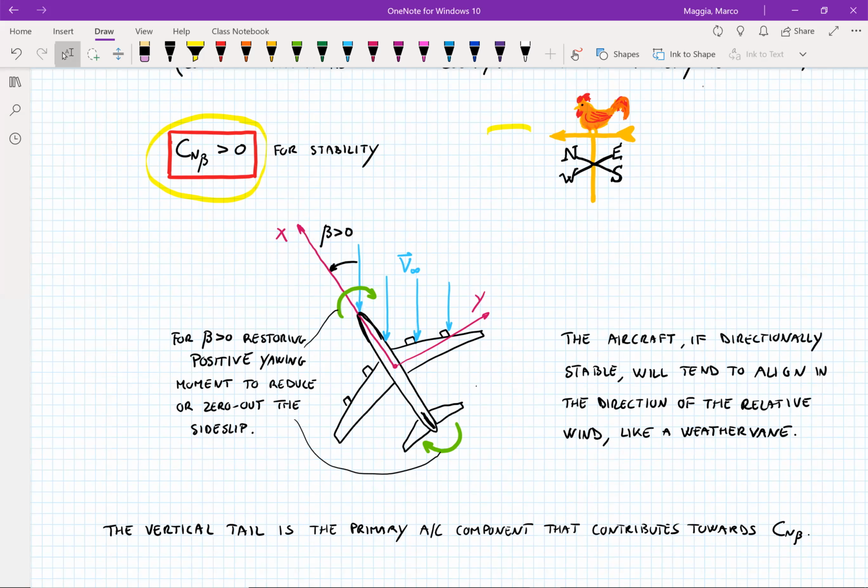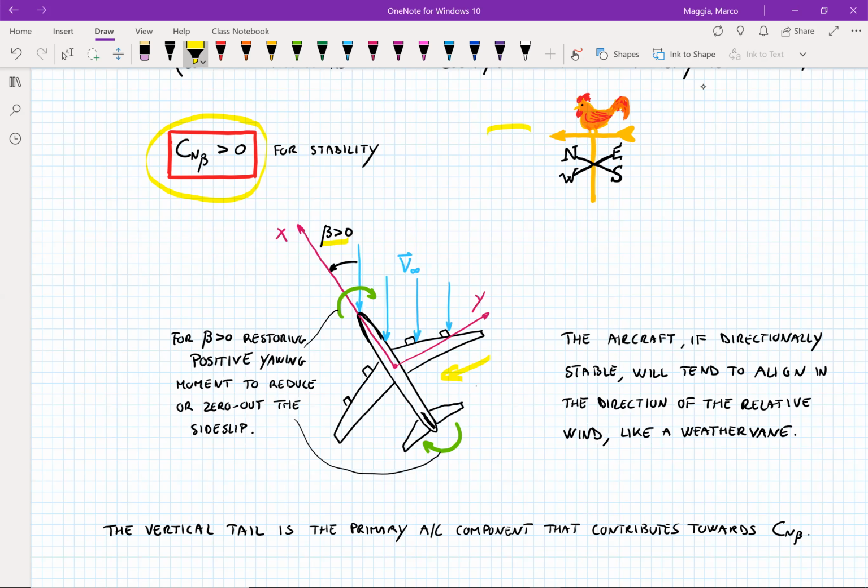So let's consider an airplane, like in this drawing over here, with a positive side slip angle beta. So we have the wind that is pushing on the right side of the airplane.